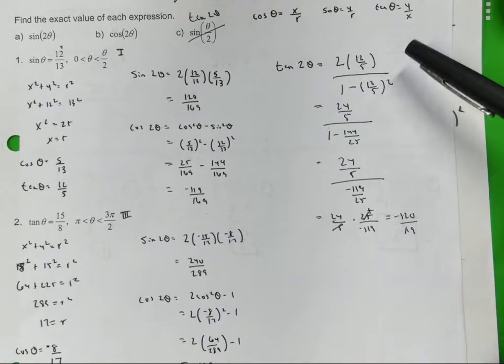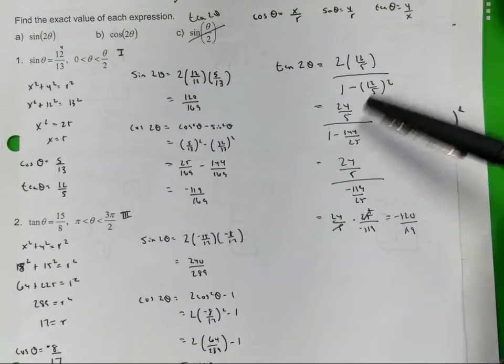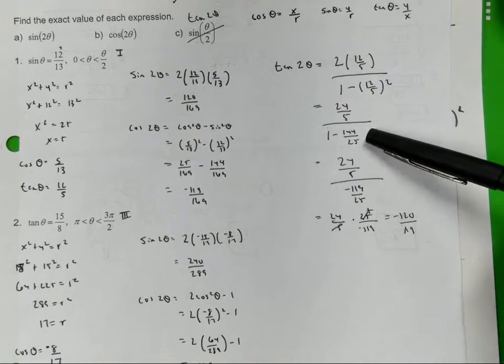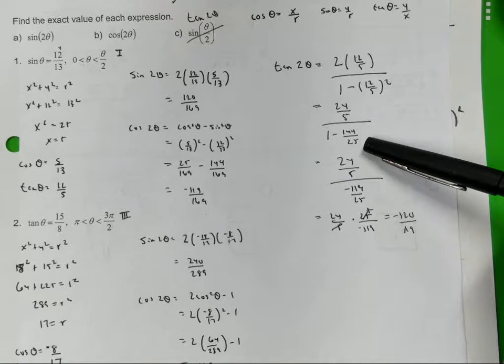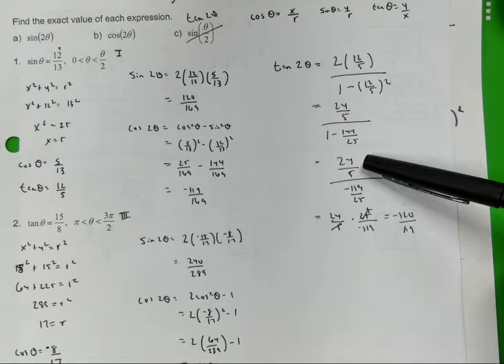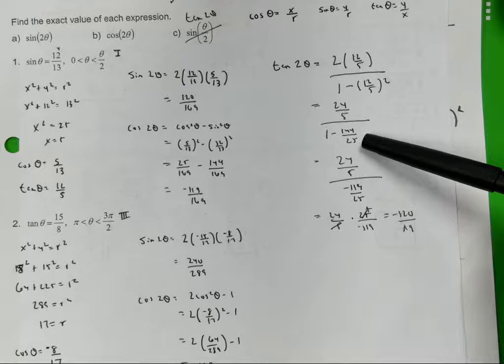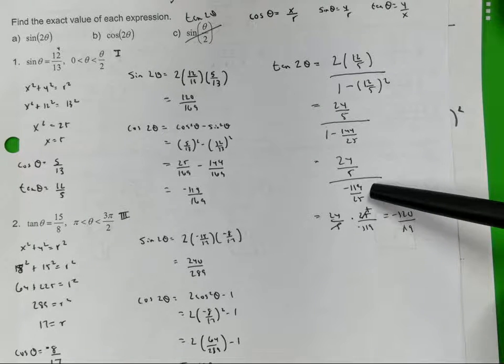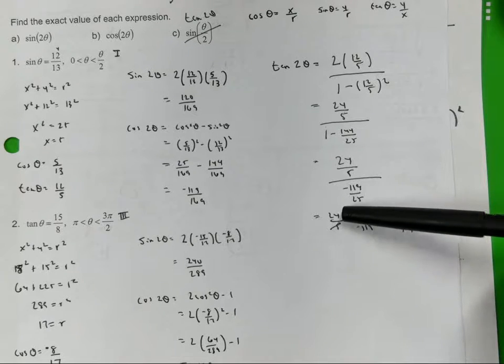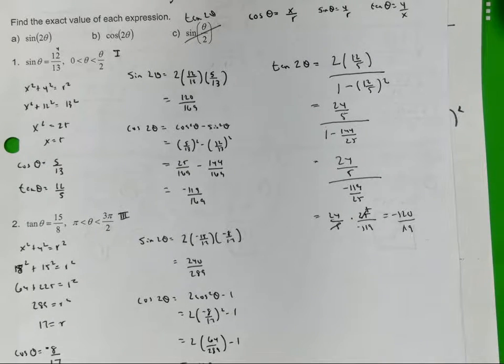Here's your tangent 2 theta. 24 over 5. 1 minus the square of that is 144 over 25. Get 24 over 5 divided by negative 119 over 25. Leave the first one alone, change the division to multiplication, flip it, and you get negative 120 over 119.